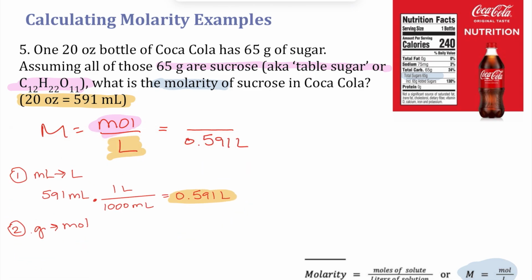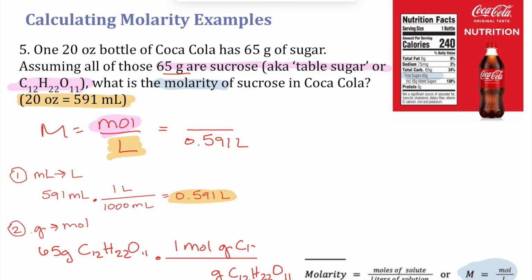We are given 65 grams of C12H22O11, and I know that 1 mole equals molar mass. So if I can find how many grams of sucrose are in 1 mole, I will be able to do that conversion.